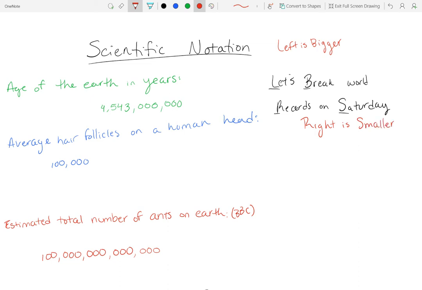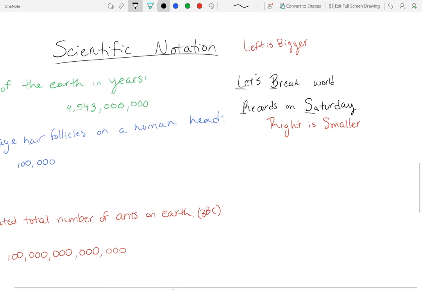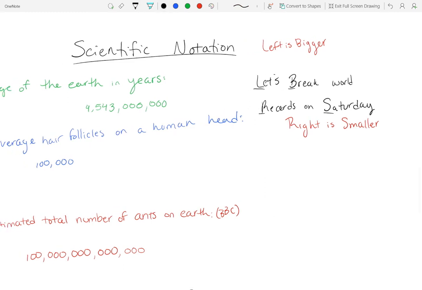Okay, so for example, let's say we had this number right here, 0.0009. If we were to express this in scientific notation, the first thing we would have to do is count the significant figures.